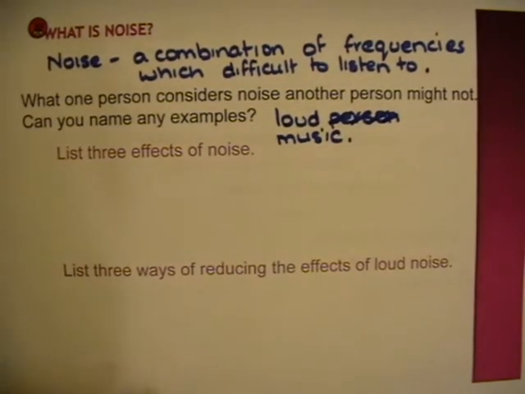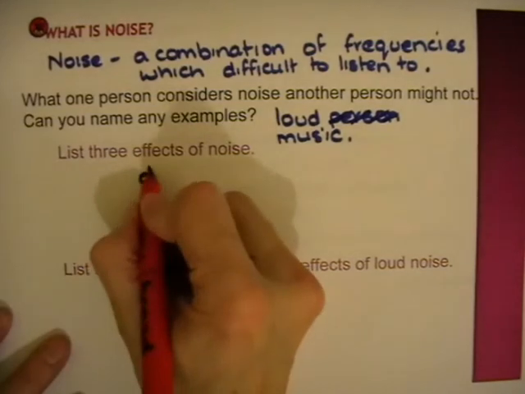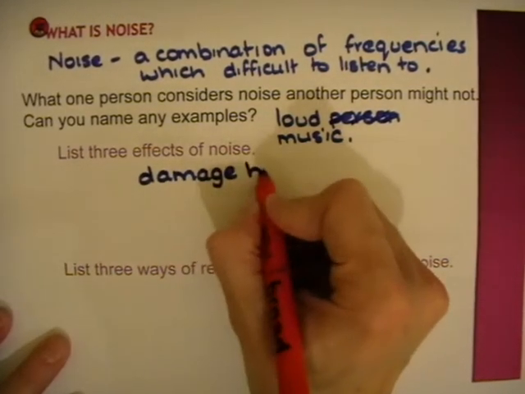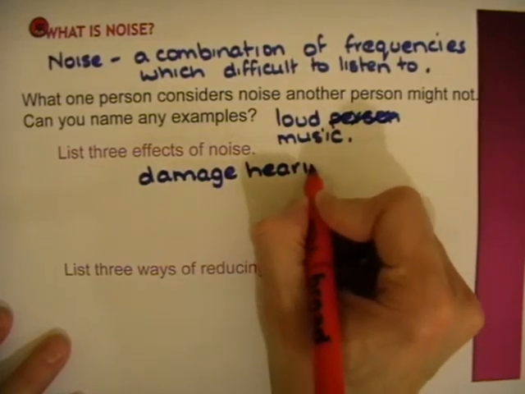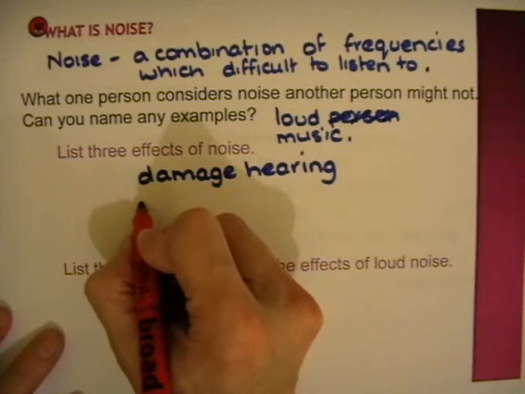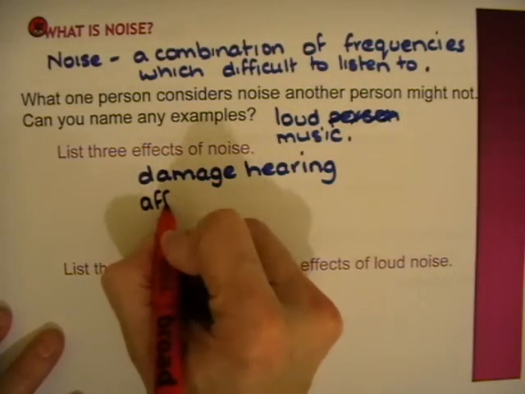Name 3 effects of noise. Well, it can damage your hearing. It can disrupt your health by affecting your nervous system.